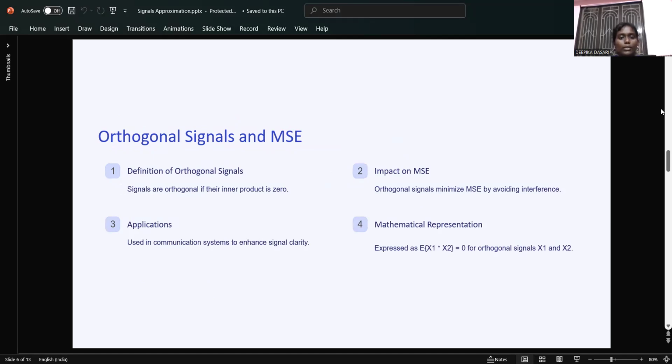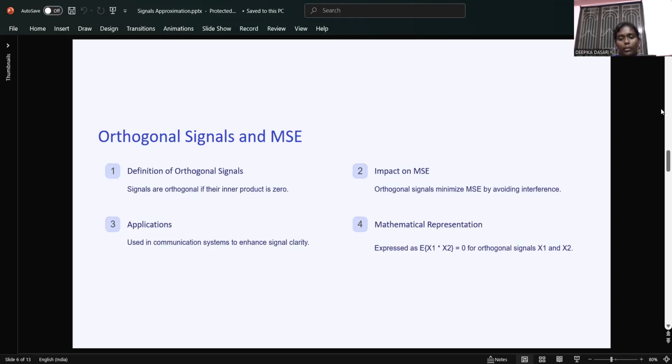Orthogonal signals and mean square error. In the definition of orthogonal signals, the signals are orthogonal if their inner product is zero. We can simply say this definition. As for the impact on mean square error, orthogonal signals minimize mean square error by avoiding interference, and they can be used in communication systems to enhance signal clarity.